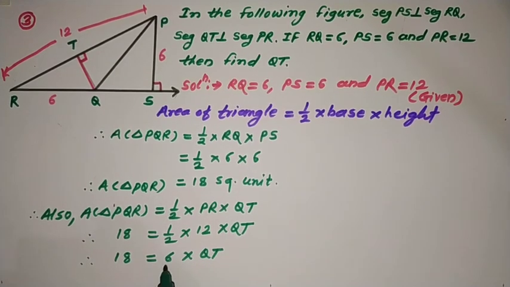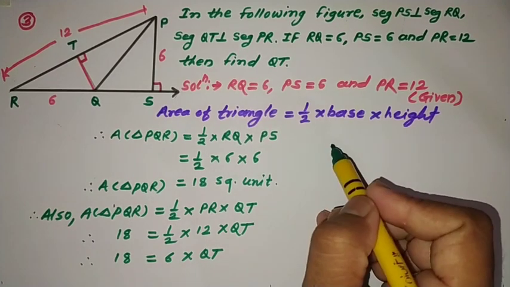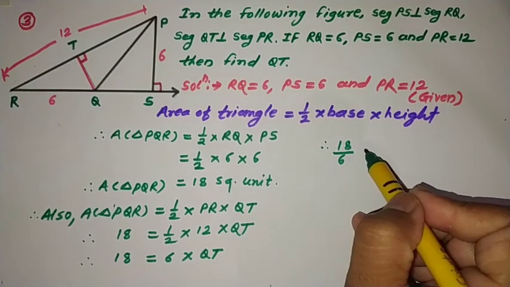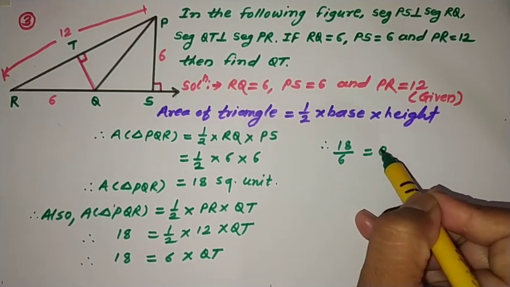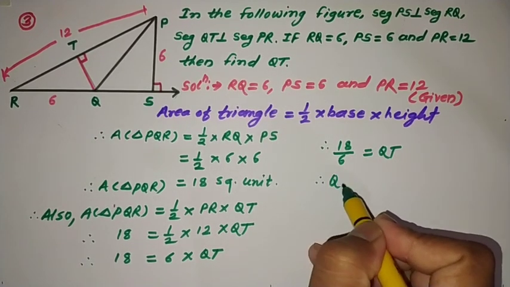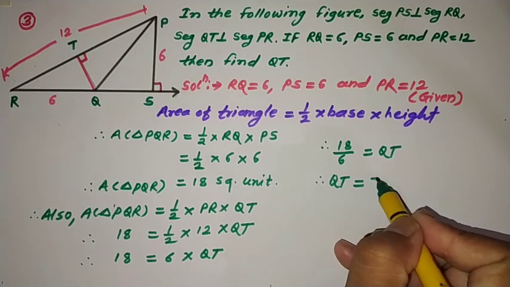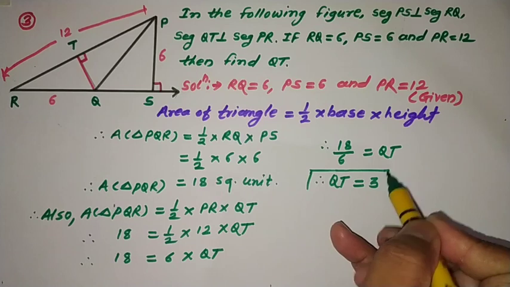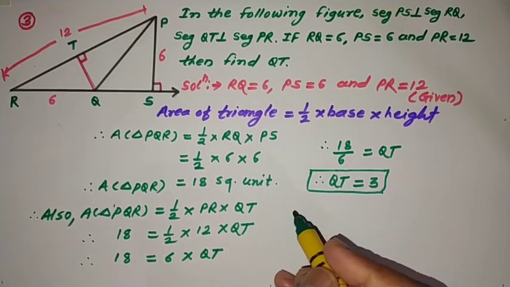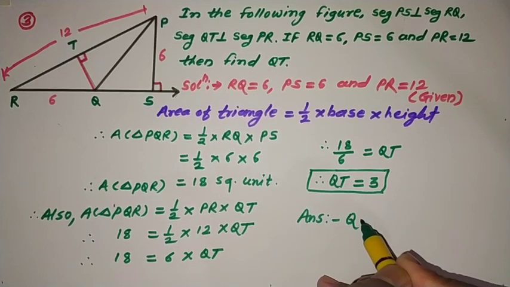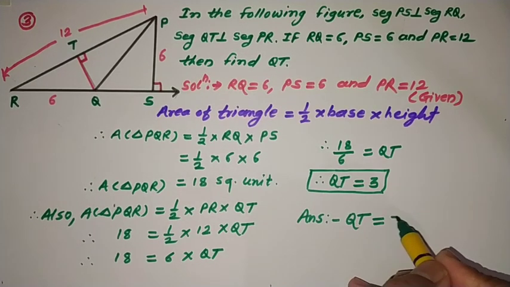Therefore, 6 is a multiplication here, it goes to division: 18/6 is equal to QT, and 6 3s are 18, therefore the value of QT is equal to 3. The value of QT is 3. The answer is QT is equal to 3.